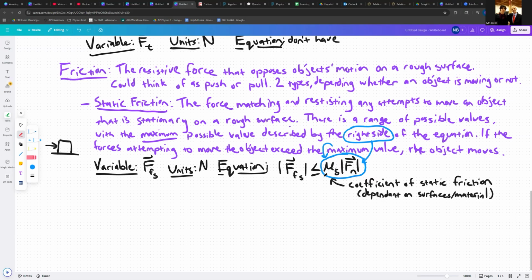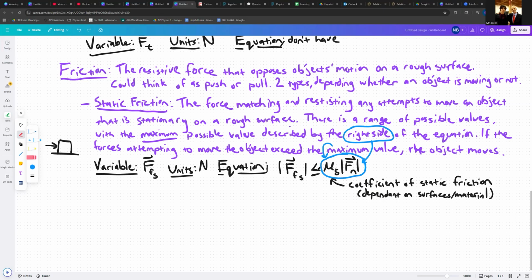I found the maximum force of friction is 50 newtons, which means any attempt to move it that is 50 newtons or less does not succeed. We don't move the object. Static friction matches our force. It stays stationary. If you exceed that maximum value, which is found by the right side of the equation, then it will move. And that's the inequality, right?